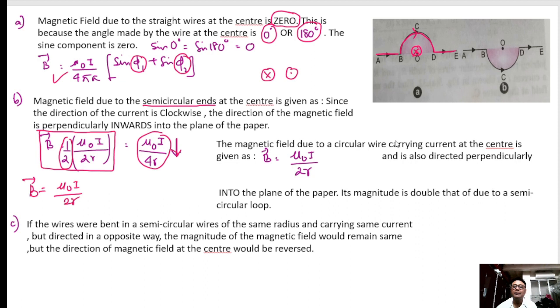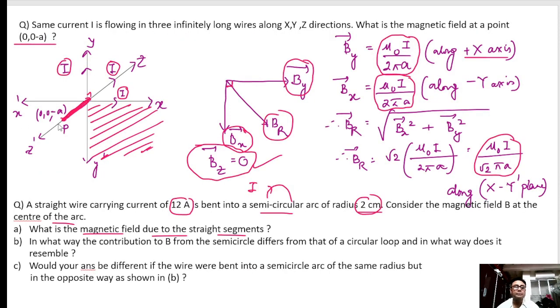Now the magnetic field due to a circular wire carrying current at the center is given as this and is directed perpendicularly into the paper. Now the next part: would your answer be different if the wire were bent into a semicircular arc of the same radius but in the opposite way?